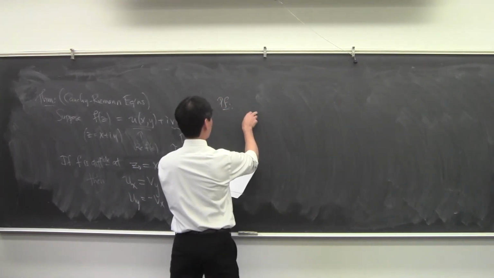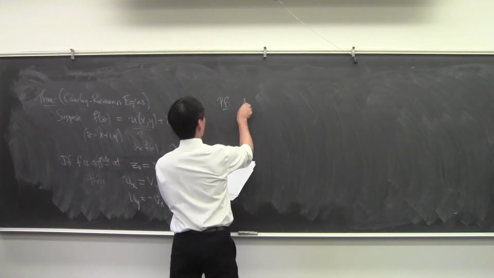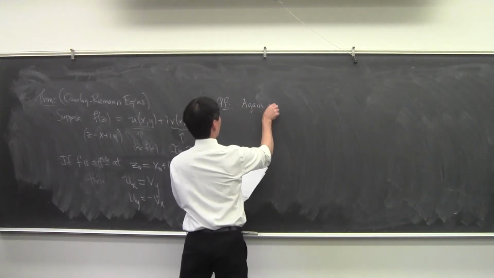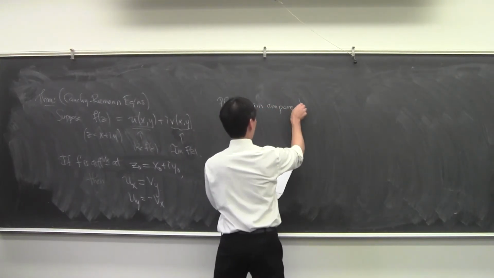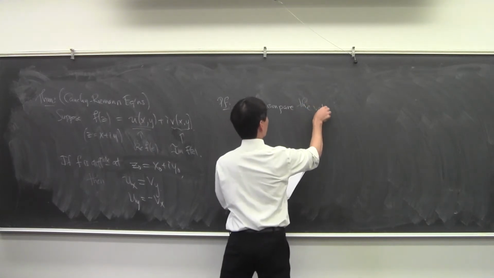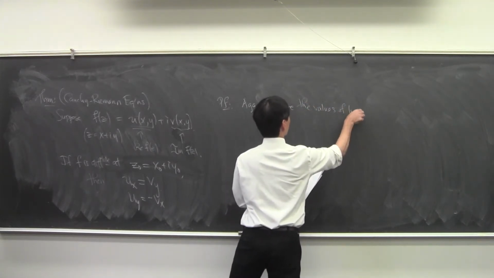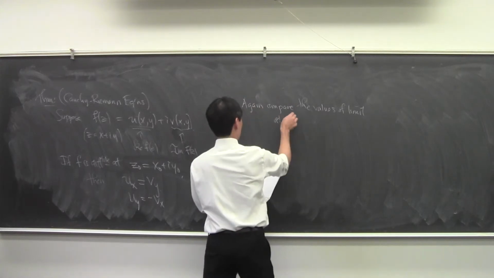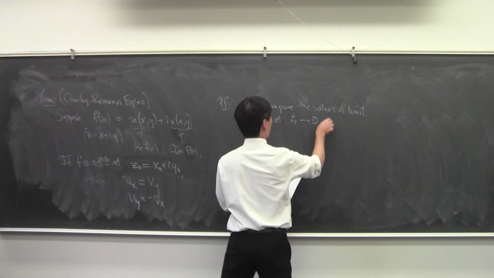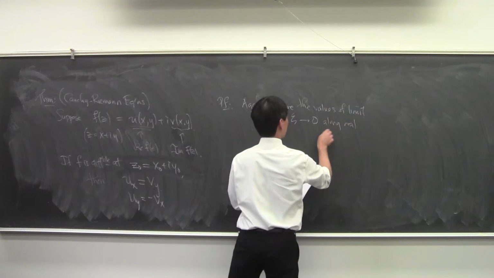again you compare the values of the limit as zeta goes to 0 along the real and imaginary axes.